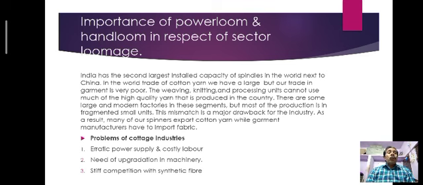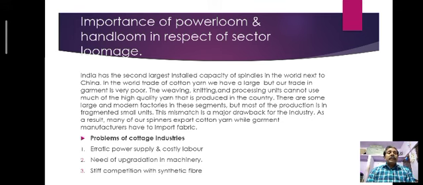In the world trade of cotton yarn, we have a large share, but our trade in garments is very poor. The weaving, knitting and processing units cannot use much of the high quality yarn that is produced in the country.